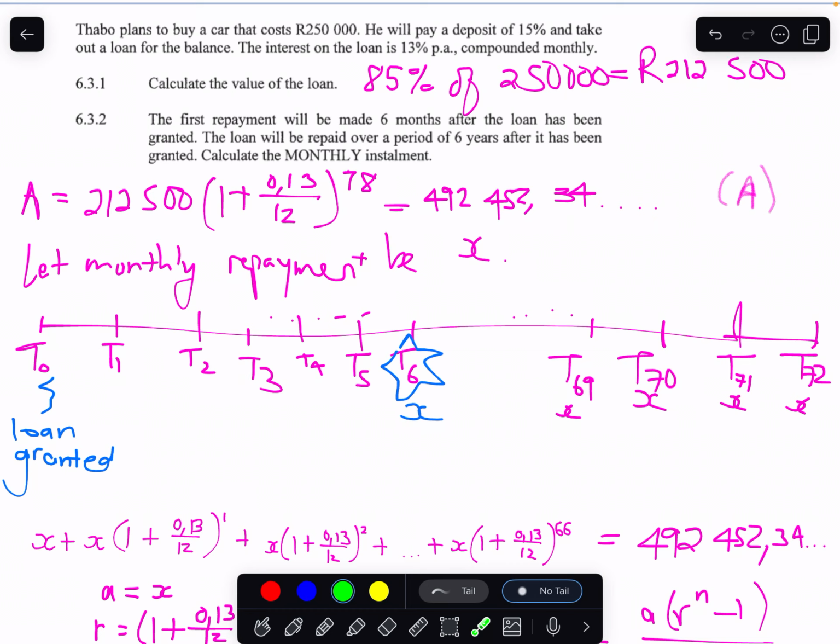So this loan is not going for 78 months. We established that it's going for 72. The trauma of it all. I'm going to make my corrections in a different color. And I think we should then still arrive at the same answer as the memo. So this is actually to the power of 72, not 78.